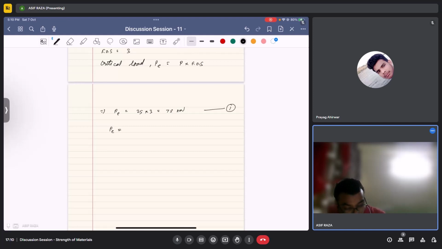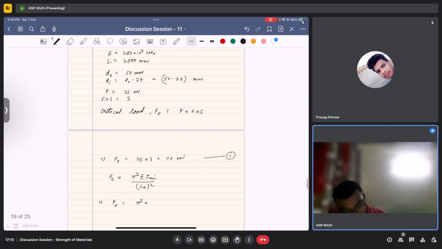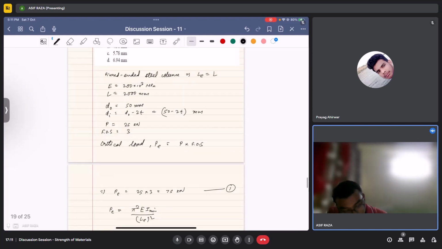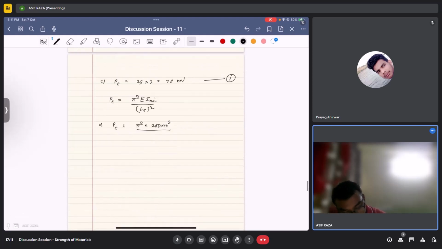I can write this as equation 1. The Euler buckling load, P equal to pi square E I minimum upon LE square, that is P equal to pi square, E is 200 into 10 power 3, upon LE is 2000 square.